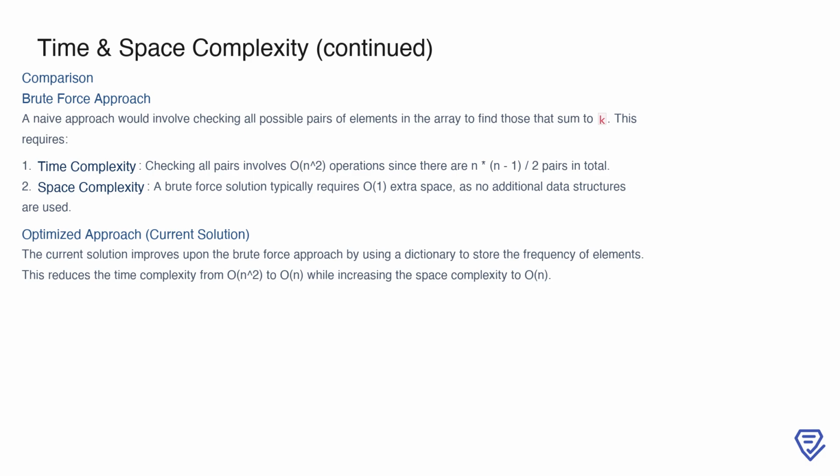On the other hand, the brute force approach typically uses no additional data structures, so its space complexity is O(1). The optimized solution, however, significantly reduces the time complexity to O(n) by using a dictionary to track frequencies, enabling constant time lookups and updates for each element. While this improvement in time efficiency comes at the cost of using O(n) space for the dictionary, the trade-off is highly favorable for large input sizes.